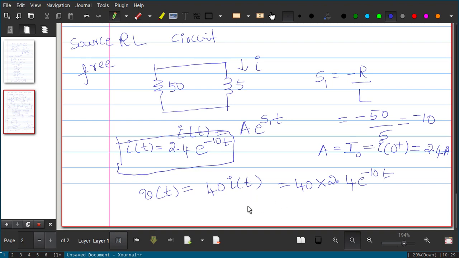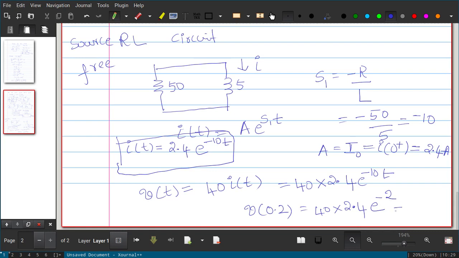Now what we want is V at 0.2 second. So that will be 40 into 2.4 into e power minus 10 into t, where t is 0.2. So minus 2.